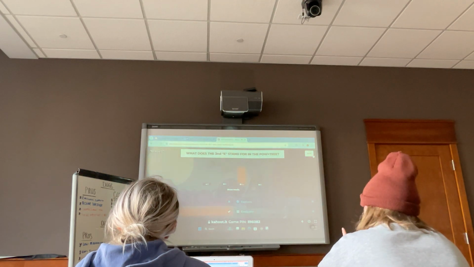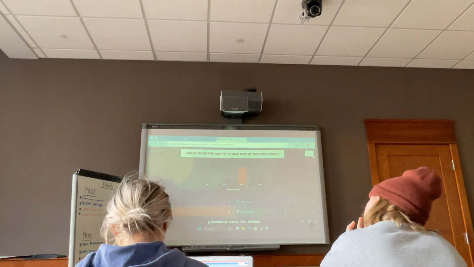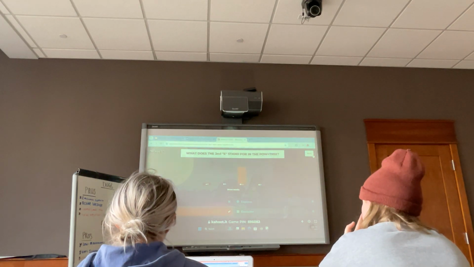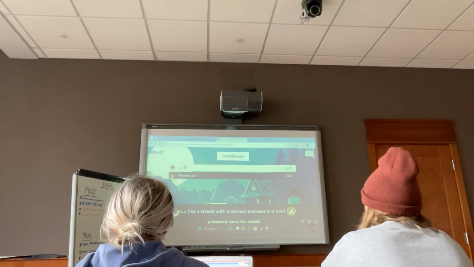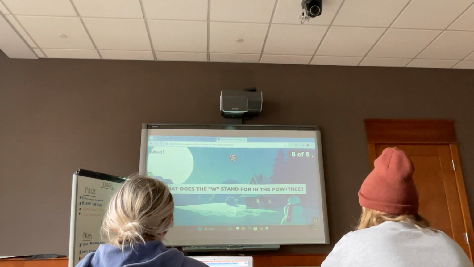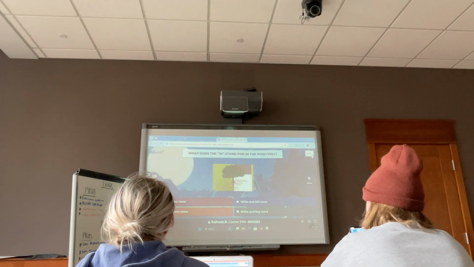What does the second E stand for in the POW plus tree? Beautiful. Ending. So this is where you're ending your explanation and your reasoning, wrapping it up into a real nice bow. Where are you beginning and where are you going? What does the W stand for in the POW plus tree?